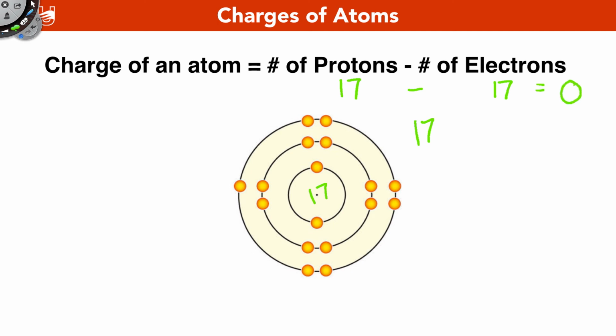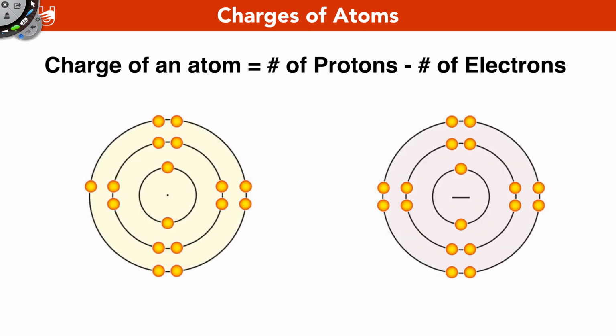So the charge of this atom is 0 because the number of electrons balance with the number of protons. Okay, it's that perfect yin-yang thing going on, right? The number of positives, 17, balances with the number of negatives, 17. We get a charge of 0.